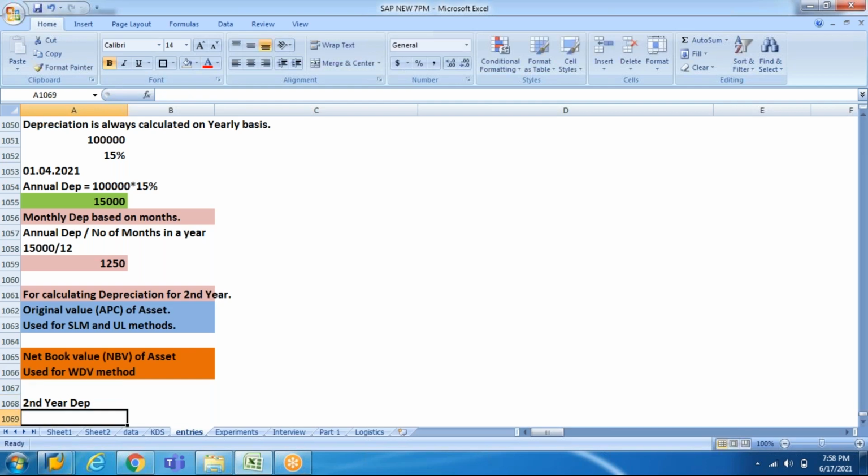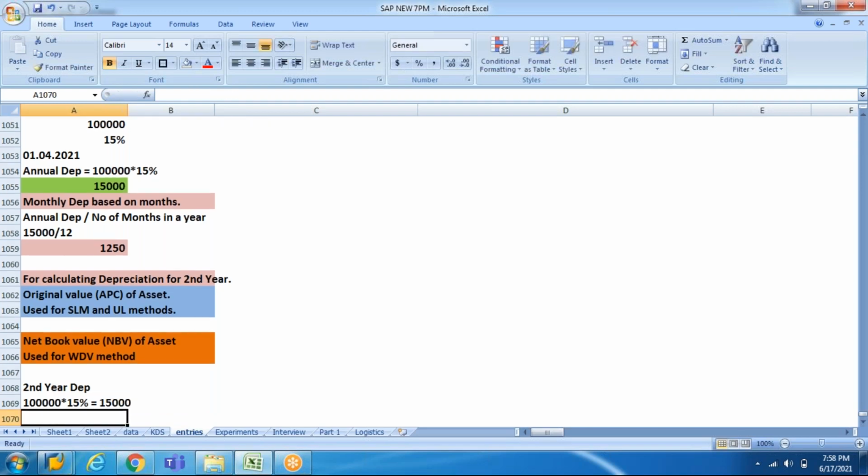Second year depreciation, again 1 lakh into 15 percentage, that is equal to 15,000.